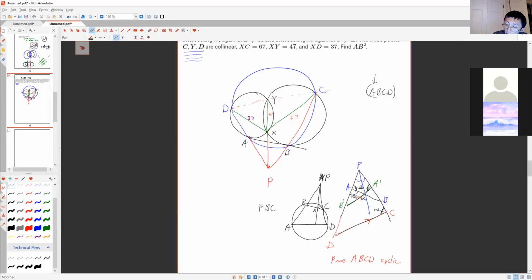So opposite angles add up to 180. Let me make it a bit less. So this is also alpha, this is 180 minus alpha. So the opposite angles at A and at C in ABCD add up to 180. So ABCD is cyclic.